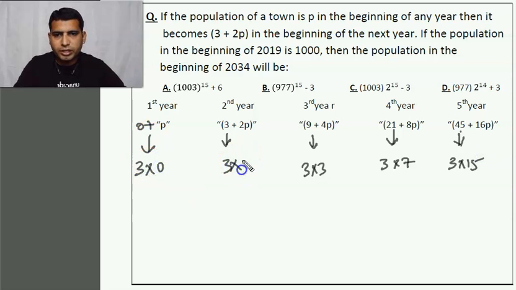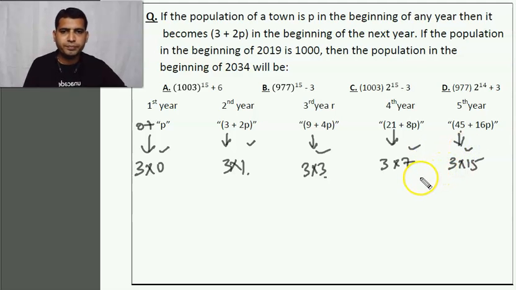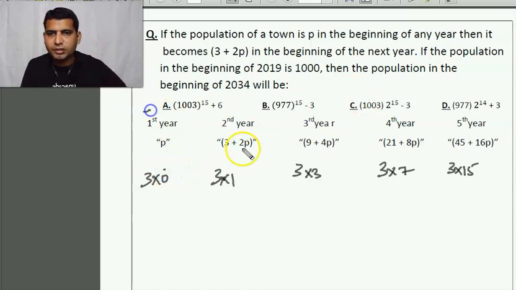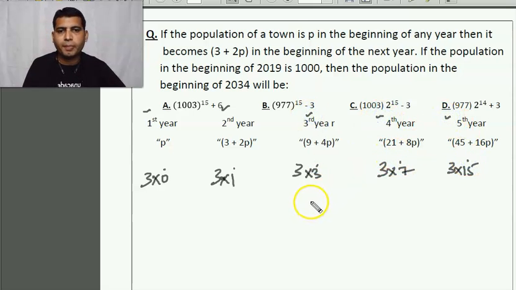So it's 3 into 0, 1, 3, 7 and 15. Now the only thing I have to do is find out the pattern of how 0, 1, 3, 7 and 15 are coming. I need to find the relationship between 0 and the first year, 1 and second, 3 and third, 7 and fourth, 15 and fifth.